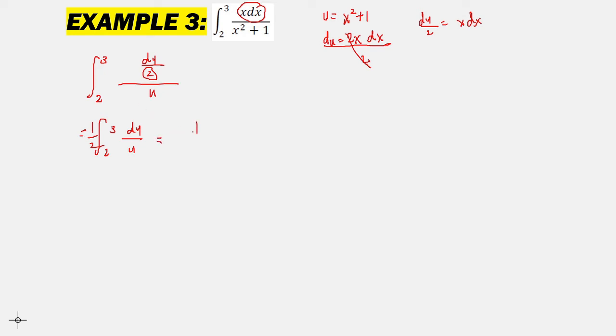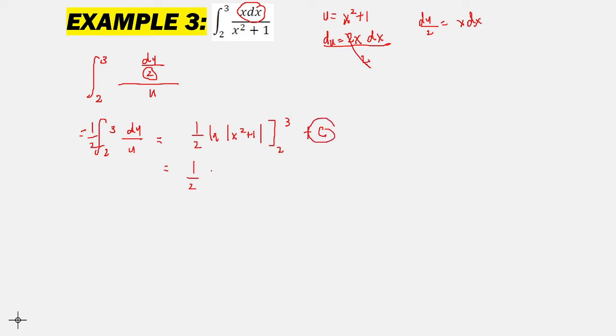So therefore, that's 1 half ln of u, which is x squared plus 1, from 2 to 3 plus c. Okay? Upon substituting the upper limit minus lower limit, do not put plus c.